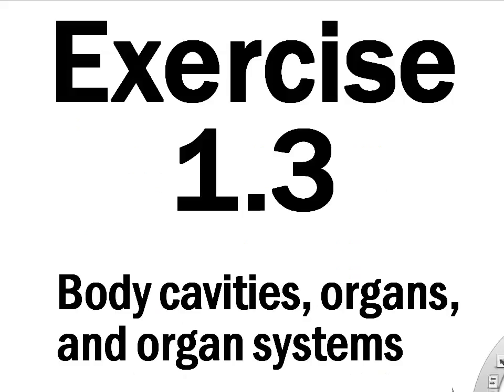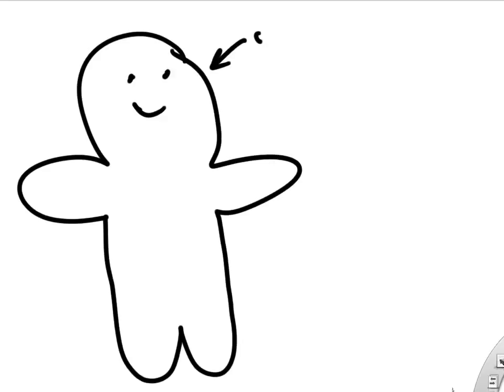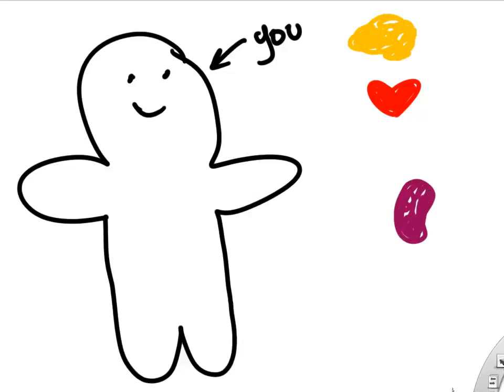All right, so we're going to start here in the first part. Exercise 1.3 is body cavities, organs, and organ systems. There's no real good way to start anatomy without just jumping right in. Most of us are familiar with some of the major organs, so that's how we'll start.